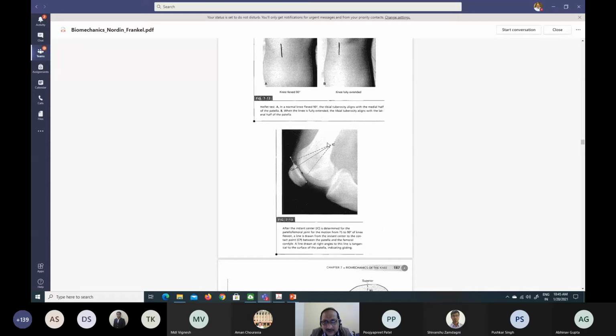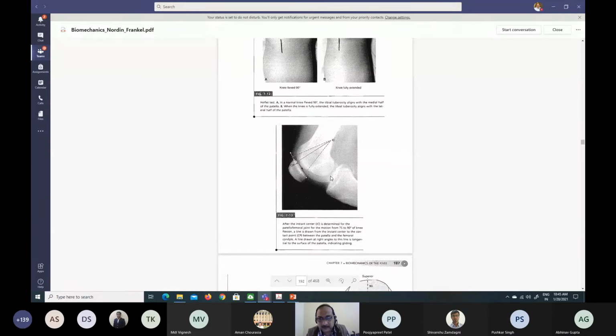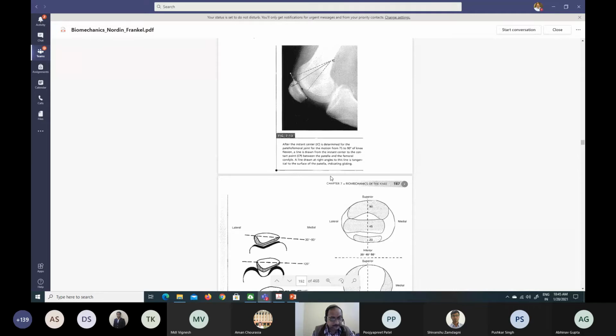This is the instantaneous center of rotation of the patella for 10 degrees. So if you read the book further, then you can understand clearly how this is calculated.